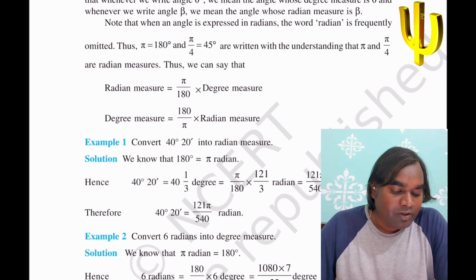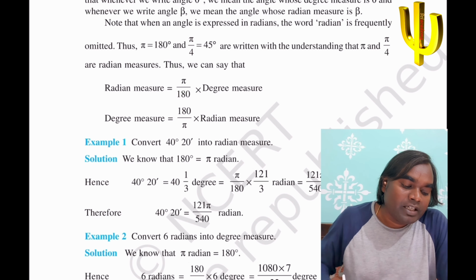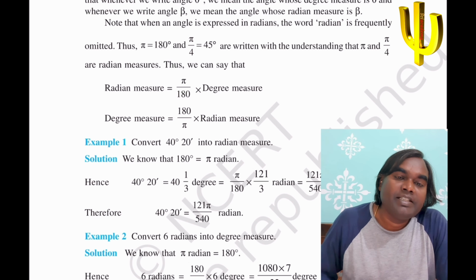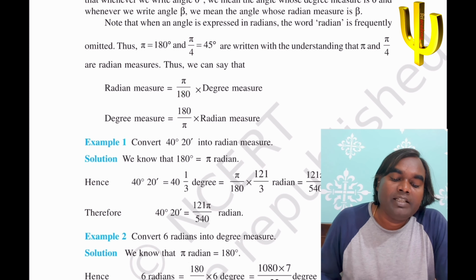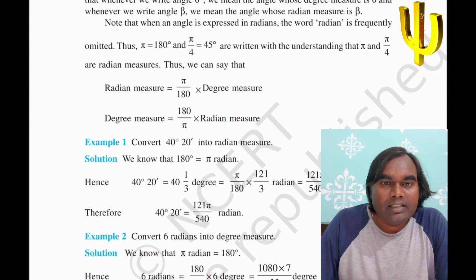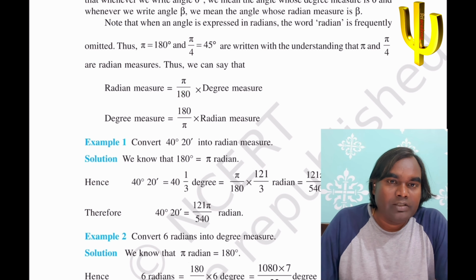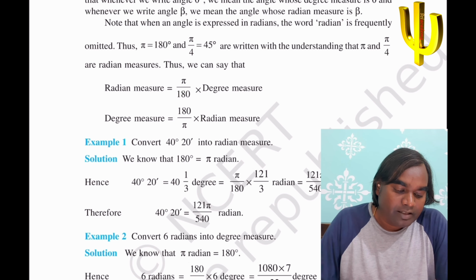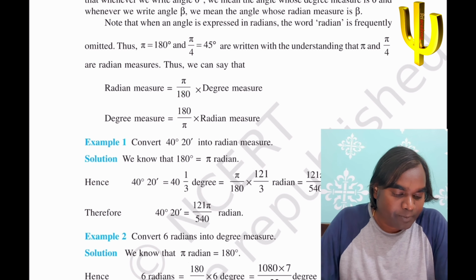Now there is also a convention that when an angle is expressed in radian, we generally omit the word radian, that is, pi is equal to 180 degree. That means pi radian is equal to 180 degree. We generally don't write the word radian when we express the radian. That is understood.